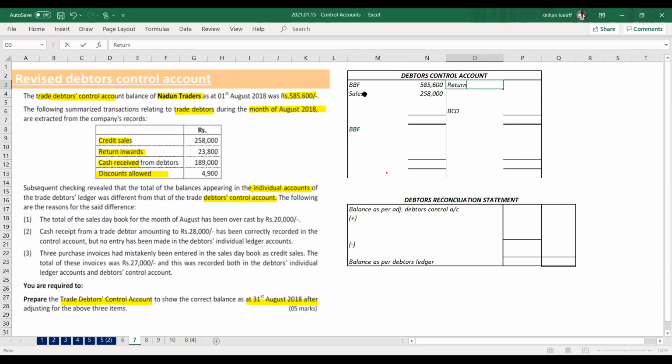Return inwards 23,800. Cash receipt 189,000. Discount 4,090.